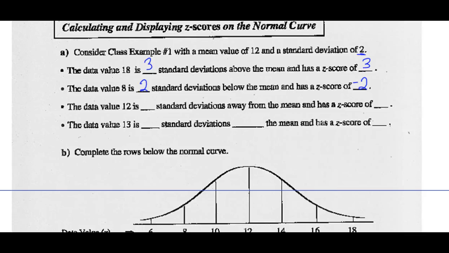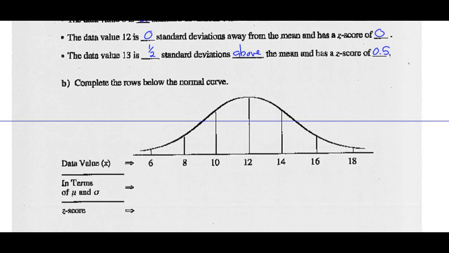A value of 12 is exactly the mean, so that's 0 standard deviations away from the mean, and has a z-score of 0. The data value of 13 is 1/2 of a standard deviation above the mean, so we'd say that has a z-score of positive 0.5.